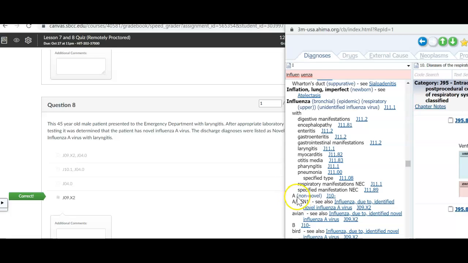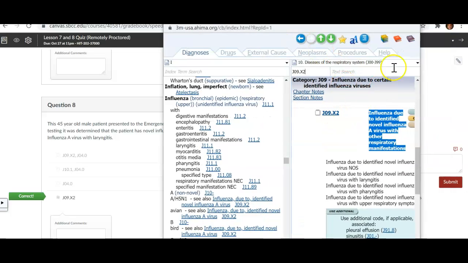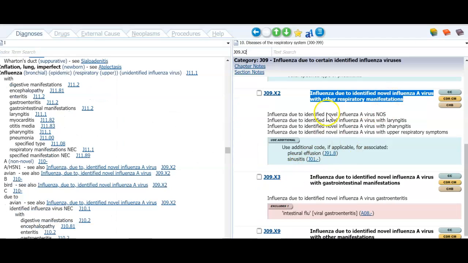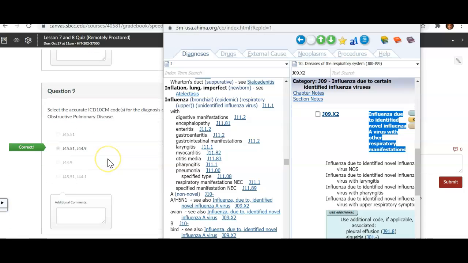Okay, so then if I go to A, and right here, due to identified novel influenza A virus, it's going to be J09.X2. And here you see that it includes the laryngitis, so you don't code that separately. You only need the one code. So keep that in mind. Any of those with the additional code, you're overcoding.